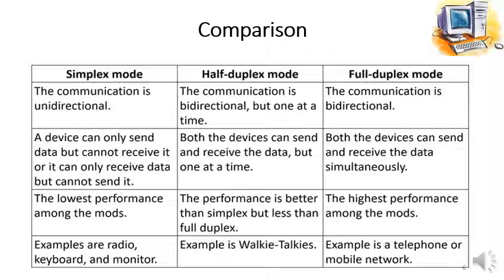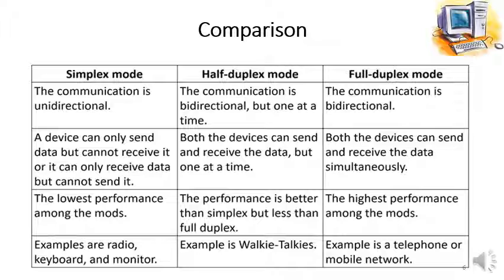As compared to simplex, in half duplex mode, both devices can send and receive data, but one at a time. And in full duplex, both devices can send and receive data simultaneously, meaning at the same time. Simplex has the lowest performance among the modes. Half duplex performance is better than simplex but less than full duplex. And full duplex has the highest performance among the modes.